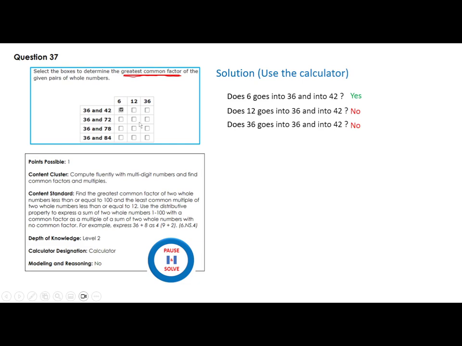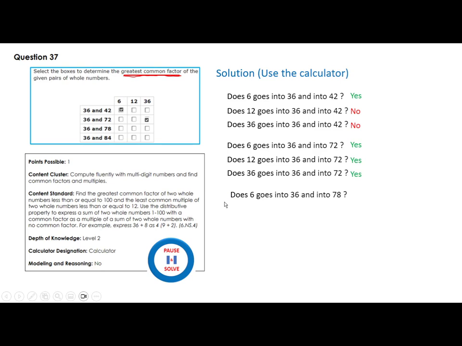Let's take the second one. Does 6 go into 36 and 72? Yes. 12, does it go into 36 and 72? Yes. 36, does it go into 36 and 72? Yes, and the greatest is 36. Let's take the third row now.